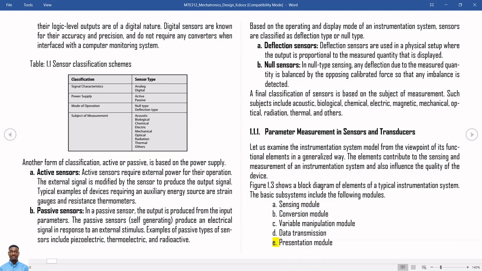That takes us to the next subtopic, which is parameter measurement in sensors and transducers. Figure 1.3 shows the block diagram of the elements of a typical instrumentation system, and it consists of the sensing module, conversion module, variable manipulation module, data transmission, and the presentation module.